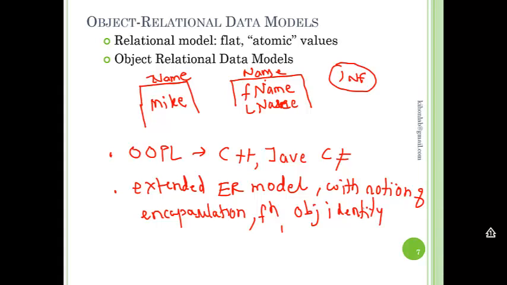It is going to further use the features of object oriented programming languages. It is the combination of the earlier two models: the relational model and the object oriented data model.